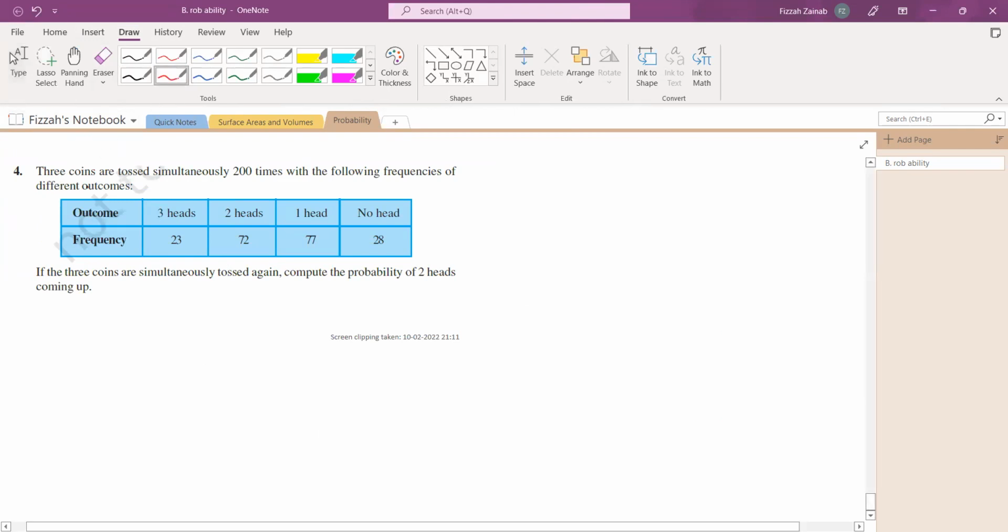Now, this is the question. 3 coins are tossed simultaneously 200 times with the following frequencies of different outcomes.